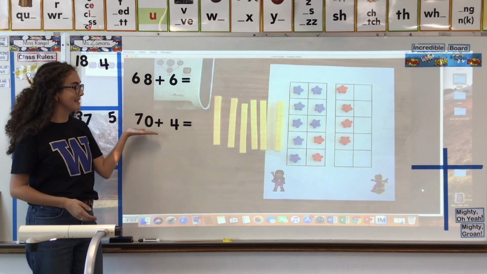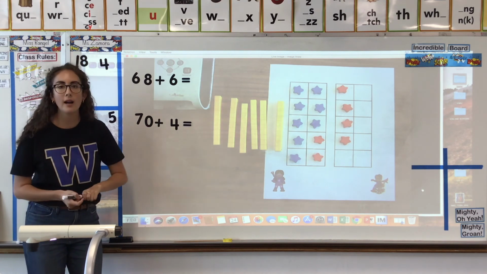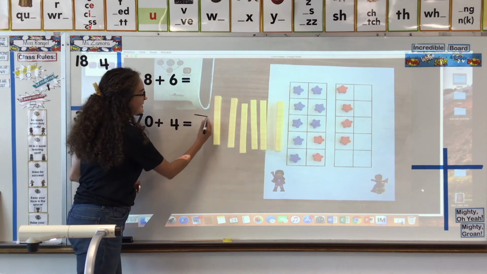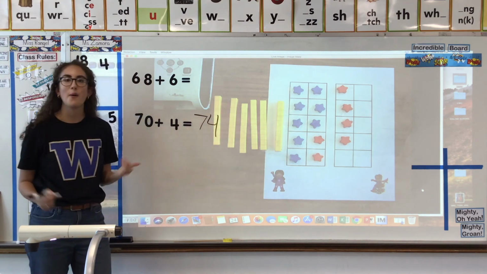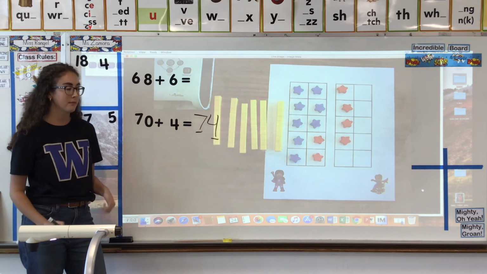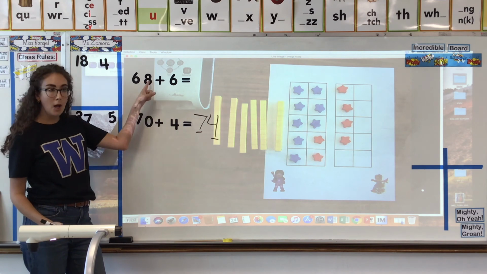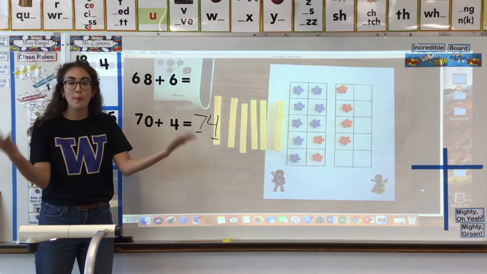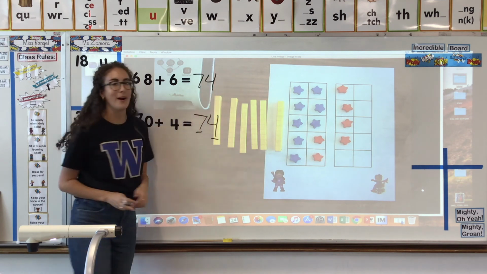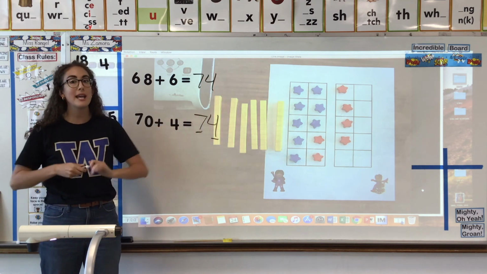What is 70 plus 4? 74, which we can solve quickly. 7 10s, 4 ones. So if these are equal, what's 68 plus 6? 74. They're the same thing, and we know that.